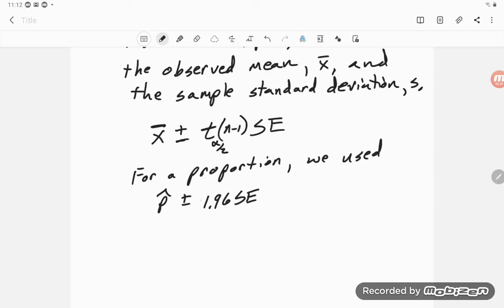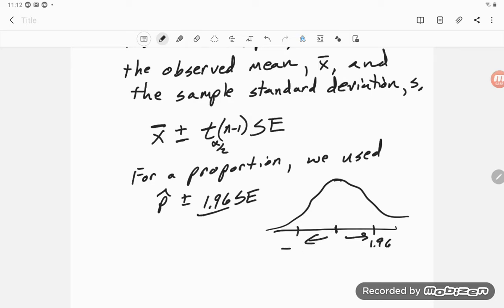The 1.96 just had to do with, again, the normal distribution. If I went out this way 1.96 standard deviations, and out this way to negative 1.96 standard deviations, then the total area under that curve mathematically is 0.95.